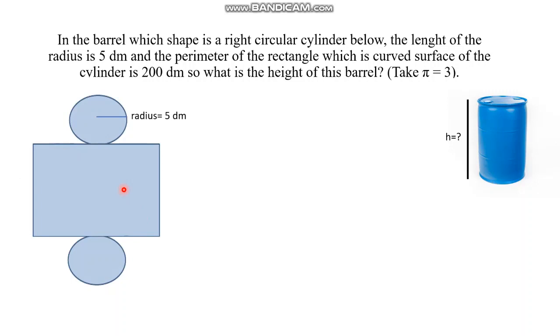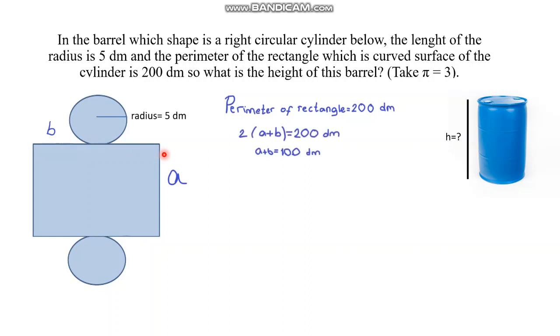And the perimeter of the rectangle is given. It is 200 decimeters. To find the perimeter, we need to find the length of this side and this side. Let's say this side A and this side B. So 2 times (A plus B) is equal to 200 decimeters. That means A plus B is equal to 100 decimeters.